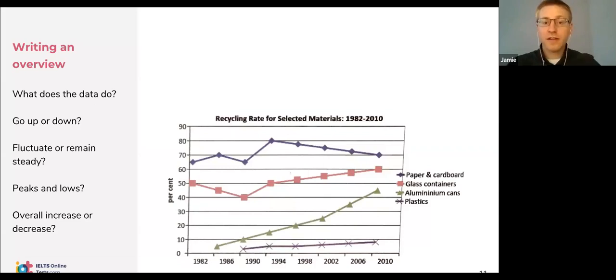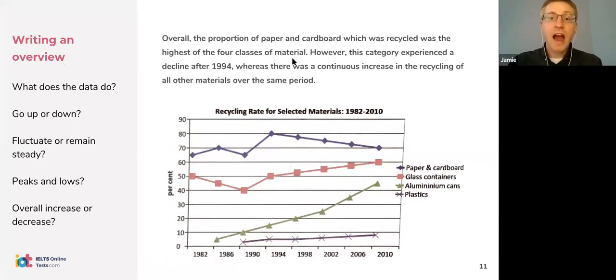So let's take a look. I have created one example here for you. Overall, the proportion of paper and cardboard, which was the highest of the 4 classes of material. However, this category experienced a decline after 1994, whereas there was a continuous increase in the recycling of all other materials over the same period.